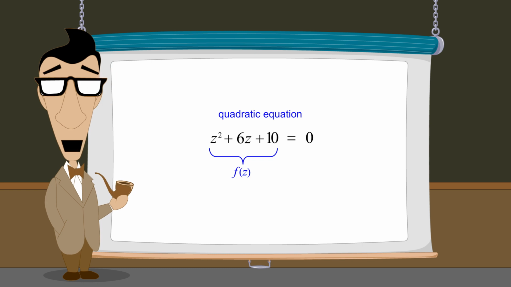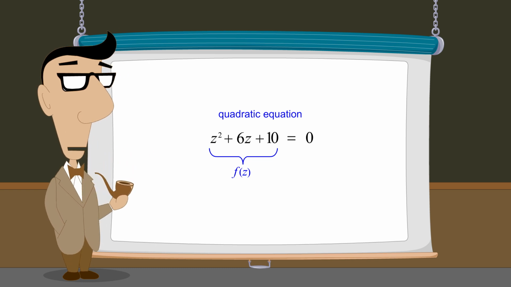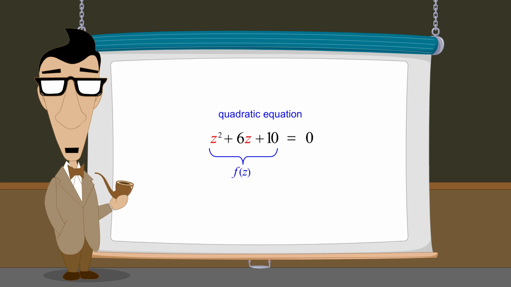As we have seen in previous lectures, a quadratic equation is a mathematical statement that says that the output value of a quadratic function must be equal to 0. The solutions to quadratic equations are therefore values of the input variable that cause the function to produce an output value of 0.